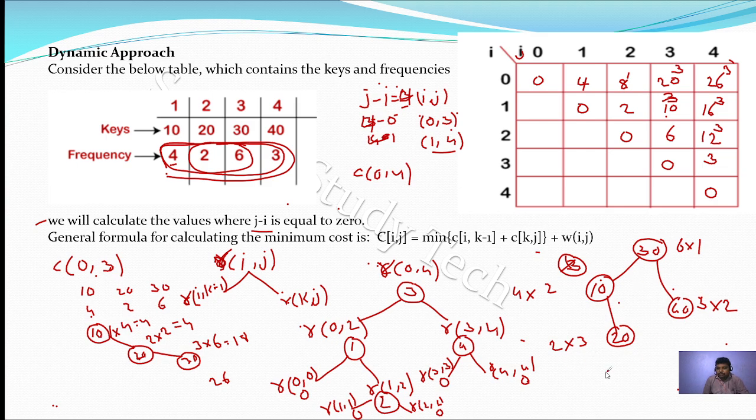Here it is 6 plus 6, 12, plus 8, 20, plus 6, 26. Total 26. This is the optimal binary search tree among the 14 binary search trees.